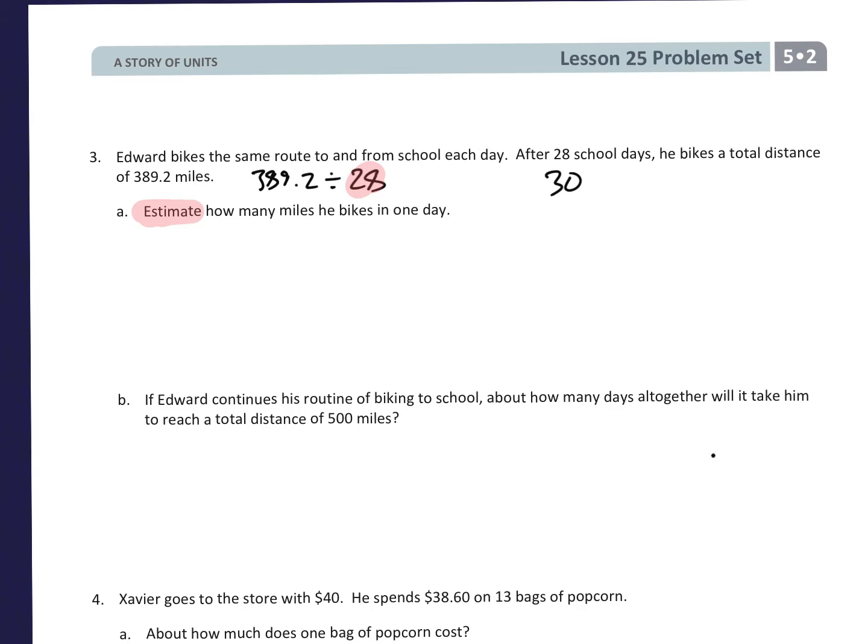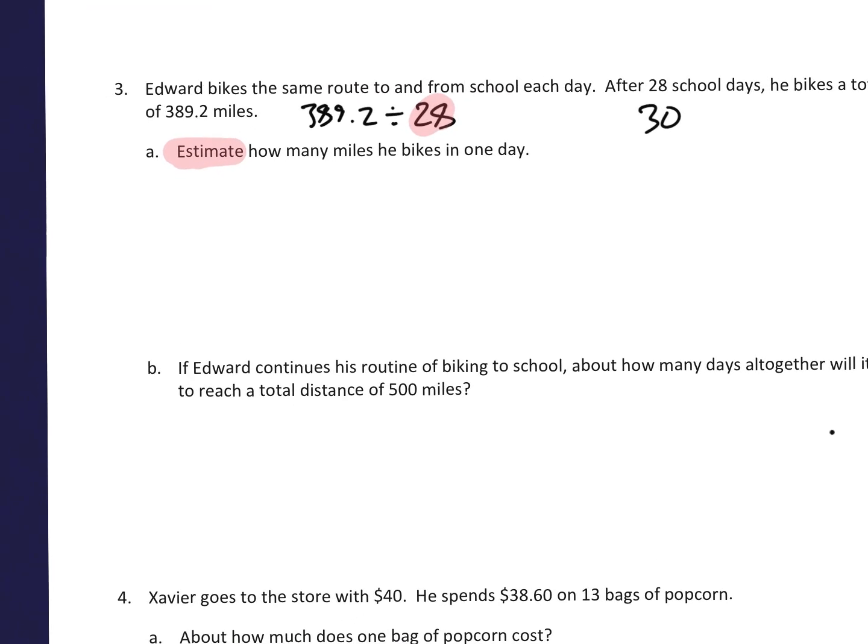That's not going to get us very close though. 3 doesn't go into 38, but it does go into 39. Right? And I don't have 38, I have 389. So I'm going to change that to 390 divided by 30.